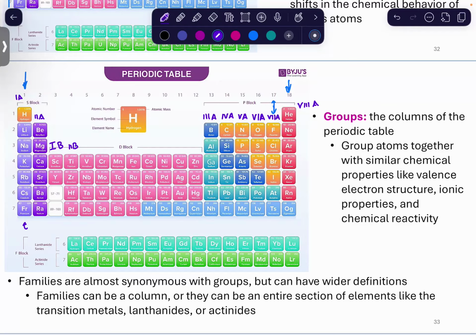For example, the transition metals are a family. Also, lanthanides are a family, and actinides are a family. But you're going to want to keep in mind that your groups are your columns and your periods are your rows.